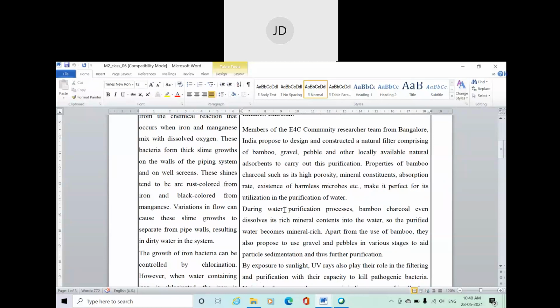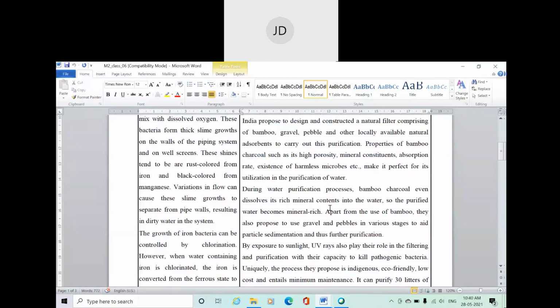Moreover, during the purification process, bamboo charcoal dissolves its rich mineral content into water, so the purified water becomes mineral rich. Apart from bamboo, they also propose to use gravel and pebble in various stages to aid particle sedimentation and thus further purification. That means they recommend using the combination of bamboo, gravel and pebble.